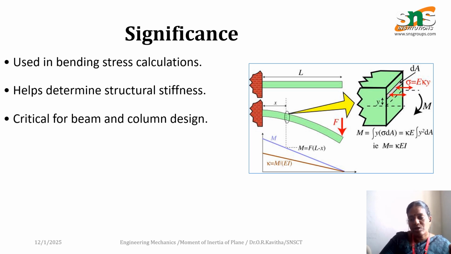To find the bending stress for this rectangular shape, first we have to calculate the moment of inertia. Only then can we calculate the bending stress, so calculating the moment of inertia is very important.